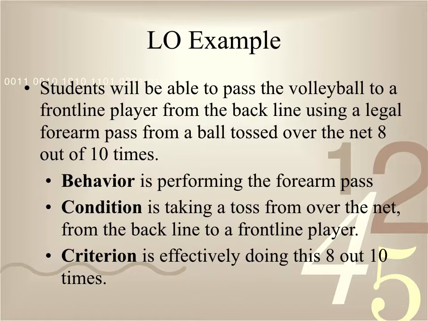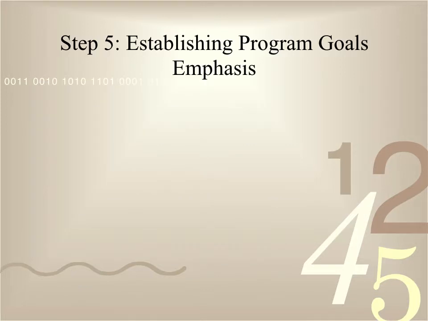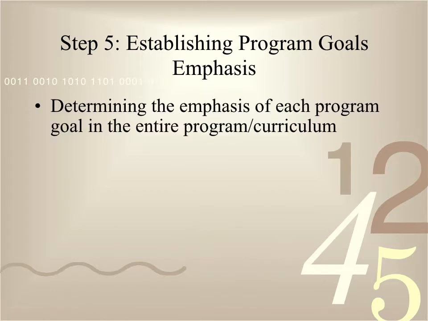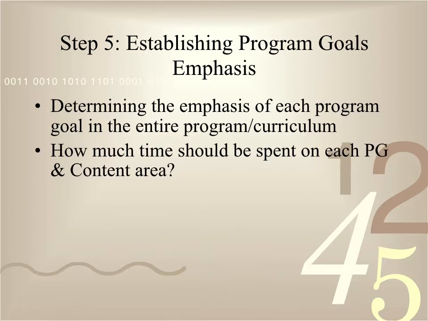So that was step 4, and I added step 4B. Then we have step 5, which is establishing program goals emphasis. This is when we're going to determine the emphasis for each program goal in the entire program curriculum. So how much time should be spent on each program goal and content area?